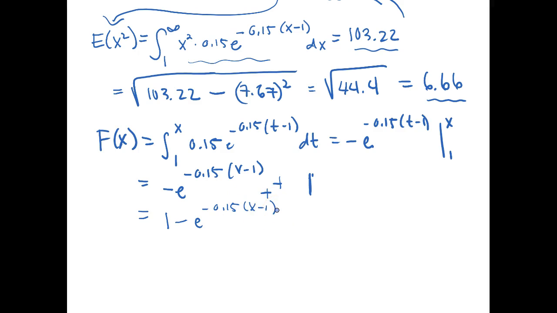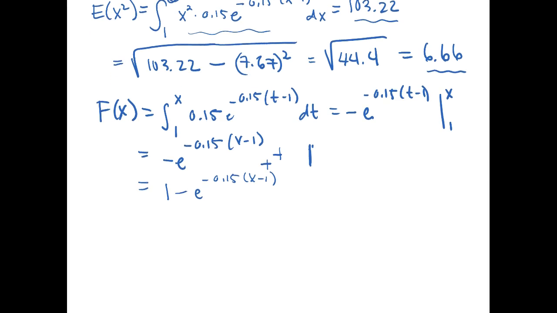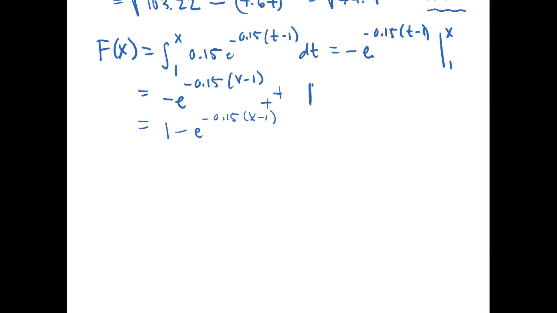Now, I calculated this first because when we want to calculate the percentiles, we can easily plug in values. By definition, the median, so F of x median, is equal to 0.5.